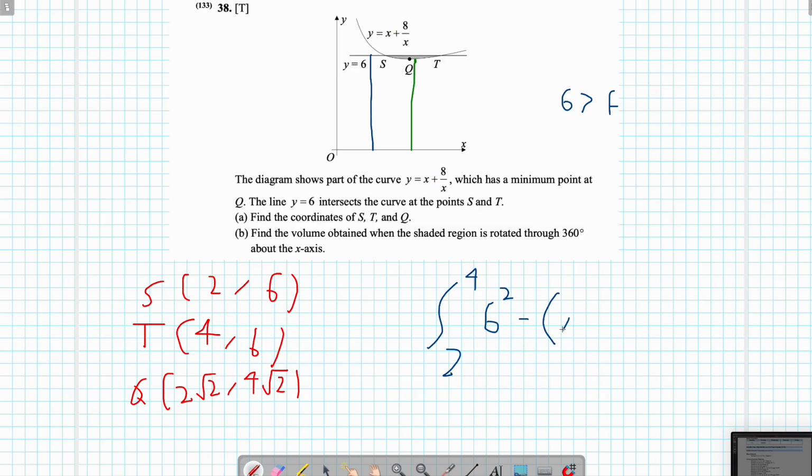So it's x plus 8 over x, all of it squared. Let me plug it into the calculator. 36 minus x plus 8 over x, all of that squared, which is going to give you 16 over 3.